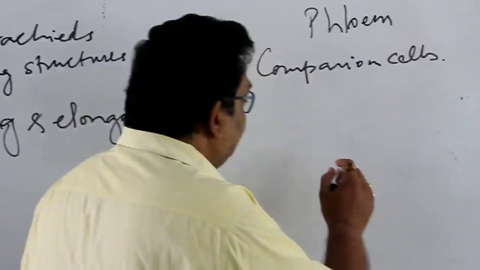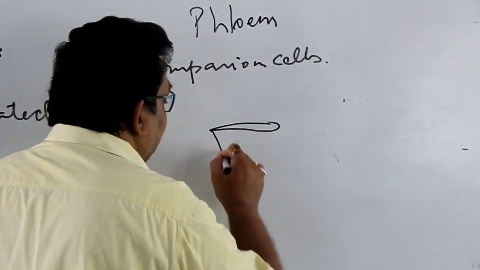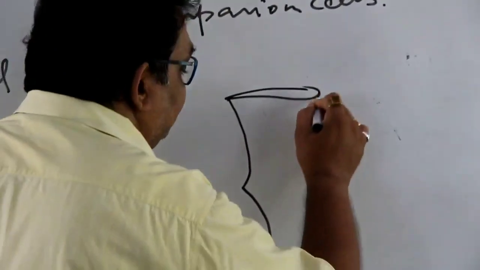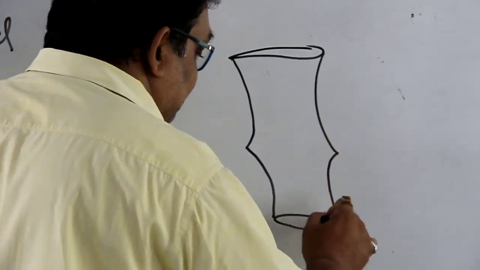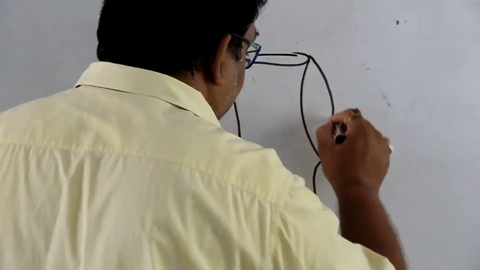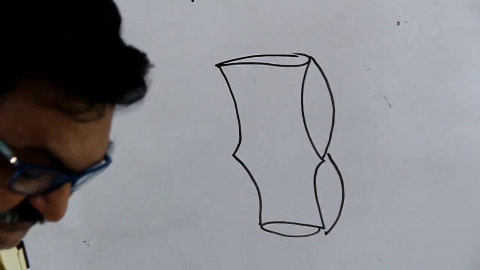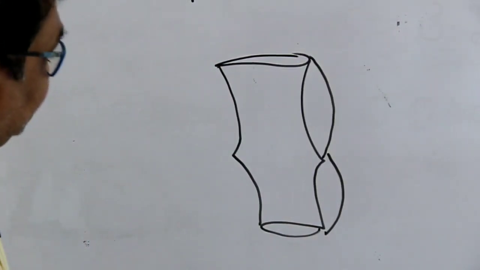Now you have the companion cell. In the previous diagram that you have already seen, these companion cells are just beside the phloem vessels.